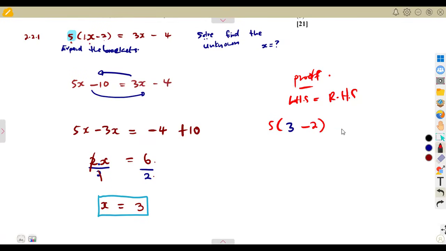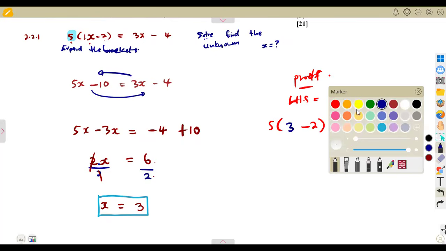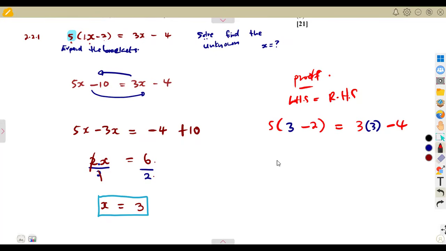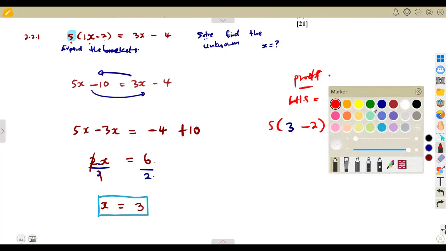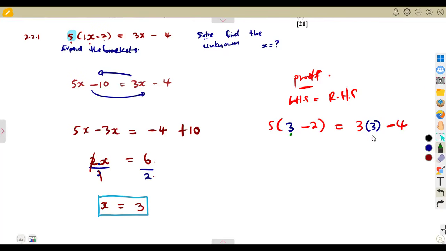This must be equal to 3 into x, which is 3 times 3, minus 4. If truly the x that we are saying is correct, it is equal to 3.